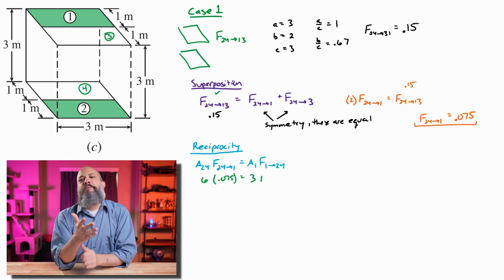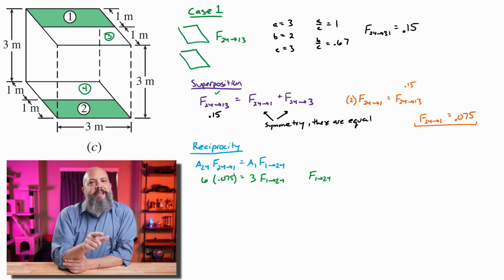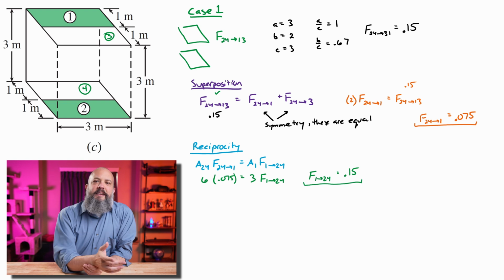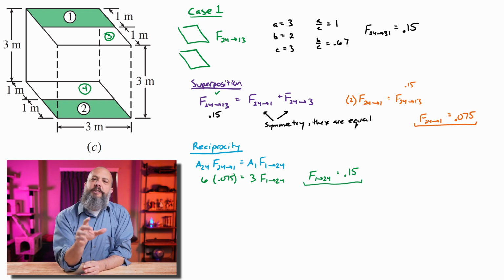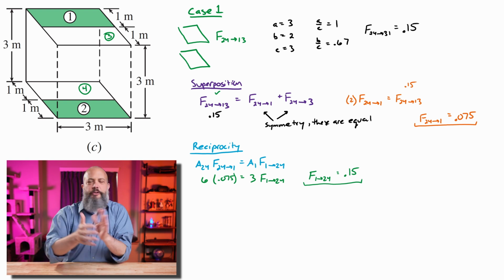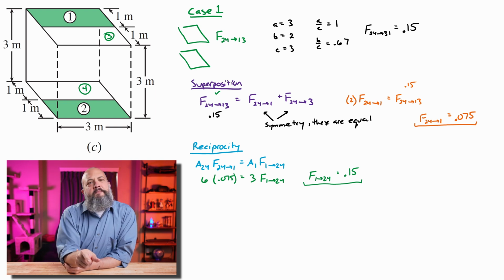Now this is kind of interesting: F1 to 2,4 is exactly equal to F24 to 3,1. And F24 to 3,1 and F31 to 2,4, just based on symmetry, are going to be exactly the same. So what this means is that F1 to 2,4 is equal to F13 to 2,4.